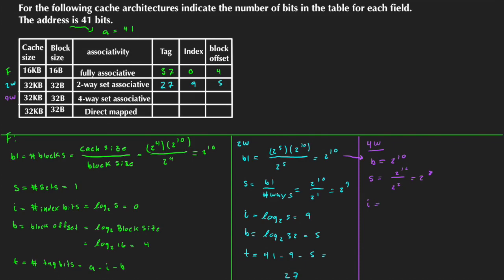All right, next let's find our index, which is just going to be log base 2 of S, which will be 8. Our block offset is going to be exactly the same.